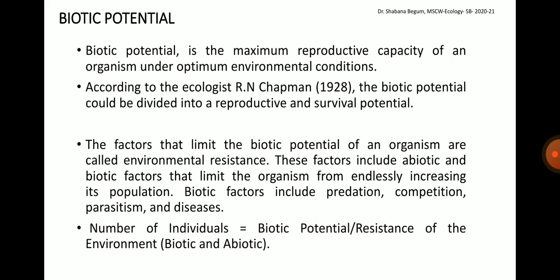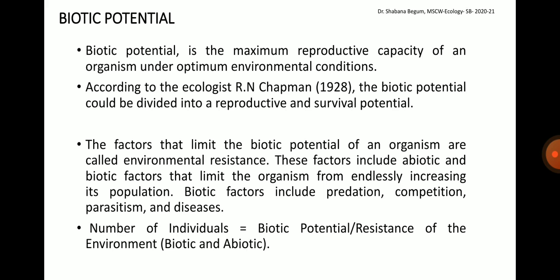For example, an oyster can lay about 100 into 10 to the power of 6 eggs. A cod can lay about 9 into 10 to the power of 6 eggs. A salmon fish can lay about 14 into 10 to the power of 4 eggs. If all the eggs survive and hatch, the earth would have been full of only oysters, cods and salmons. But environmental conditions do not allow all the eggs or fries to survive.